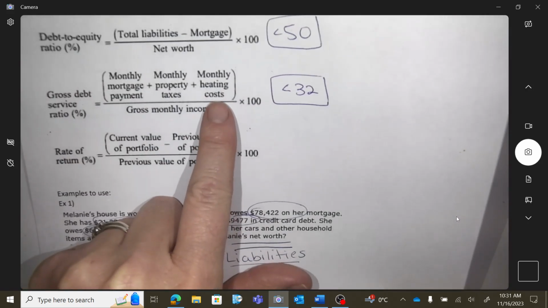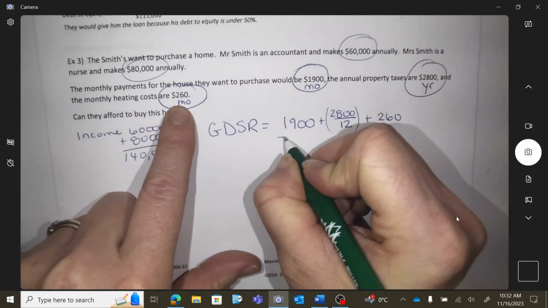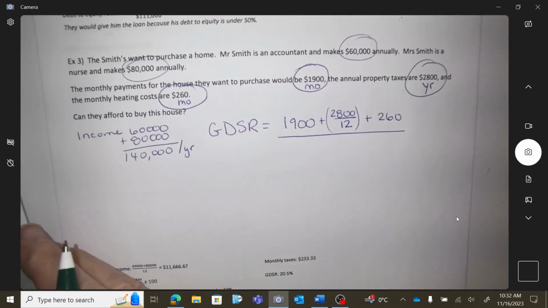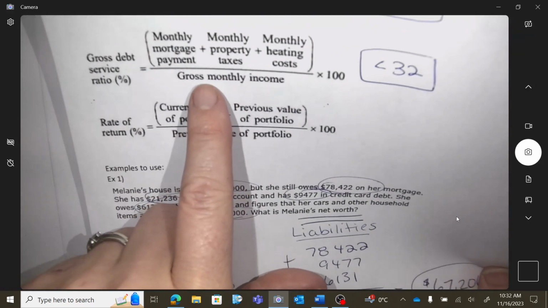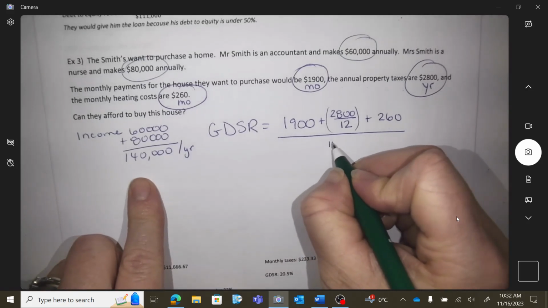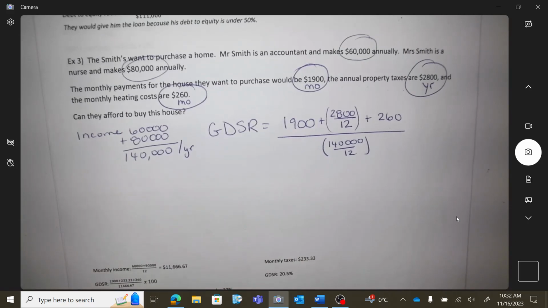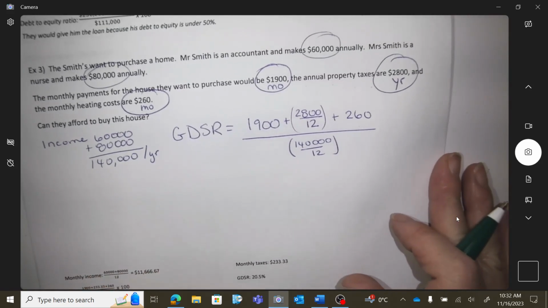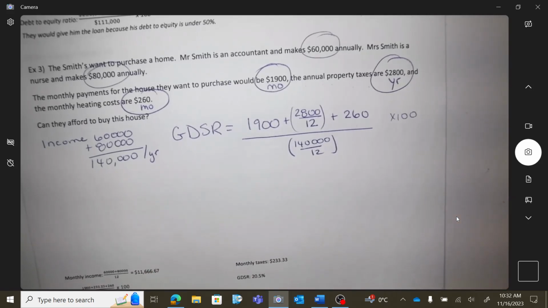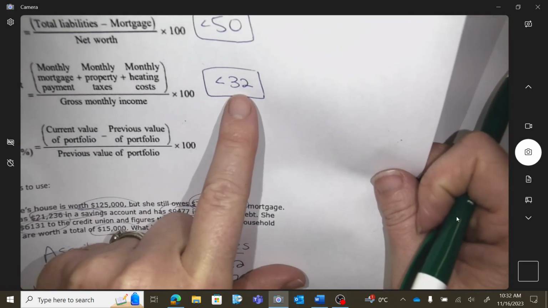Plus monthly heating costs, so $260, divided by gross monthly income. So I have to do that number divided by 12. Okay, times 100. Okay, what's the magic number we're going to look for if it's anything below 32%?